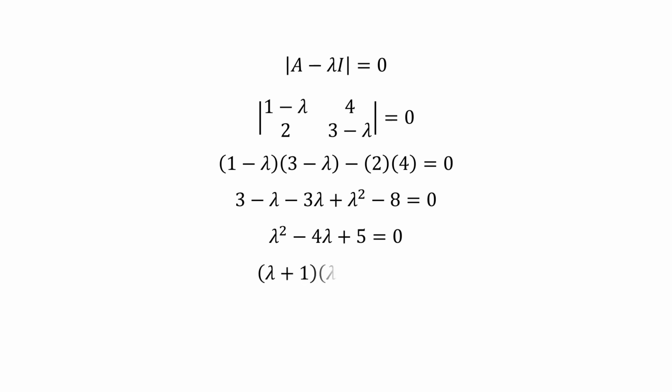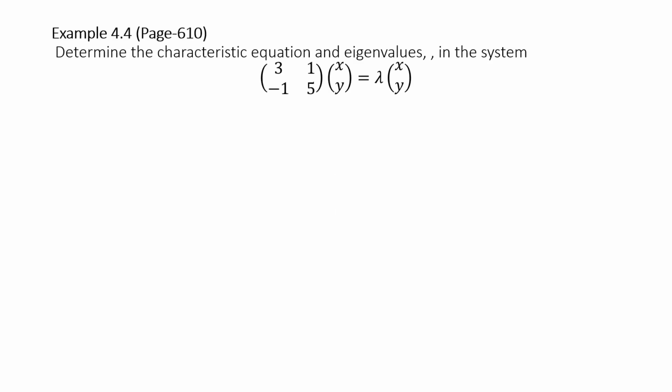Solving it for lambda: if you are good at algebra, then fine, otherwise the calculator is the answer. So I hope no difficulty is here. This, A minus lambda I equals 0, is called the characteristic equation.